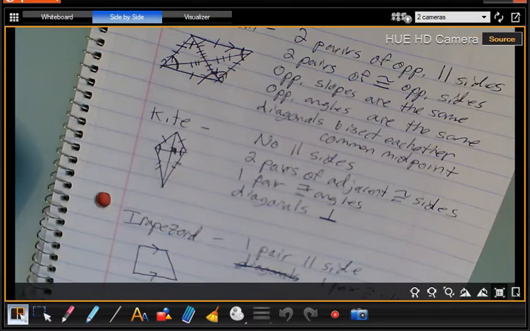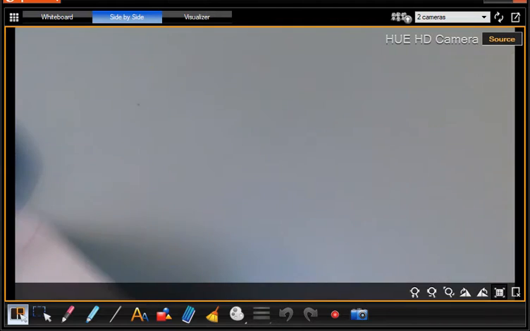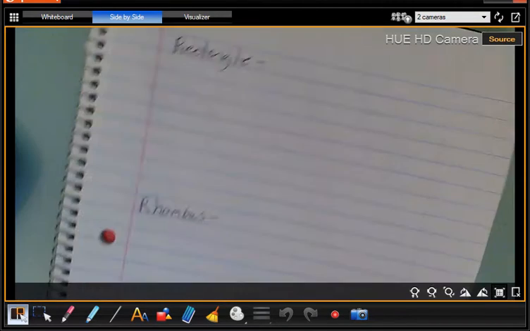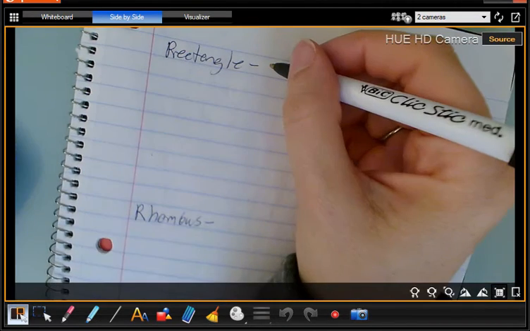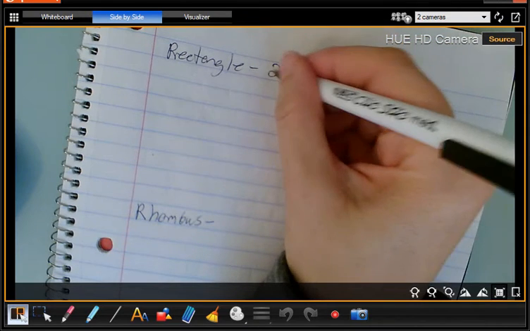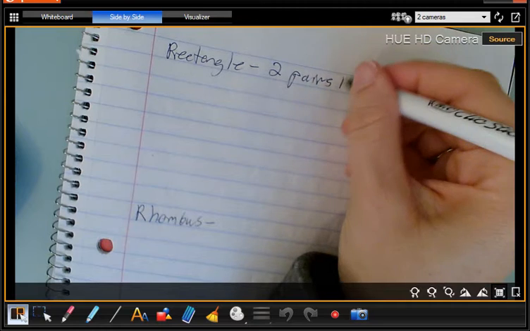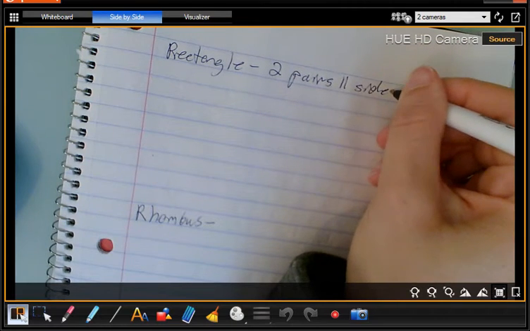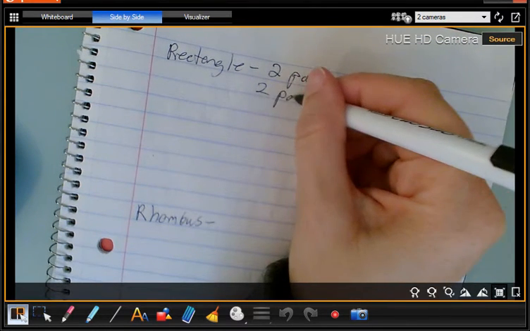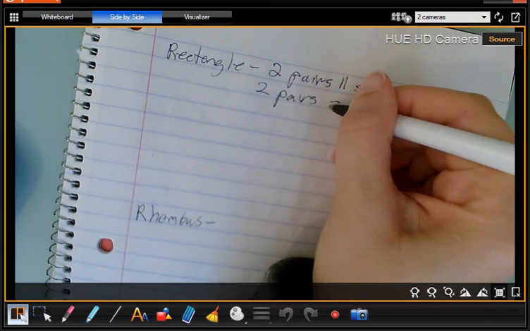Okay, so we're going to move on to rectangles. Rectangles have two pairs of parallel sides, two pairs of congruent sides.